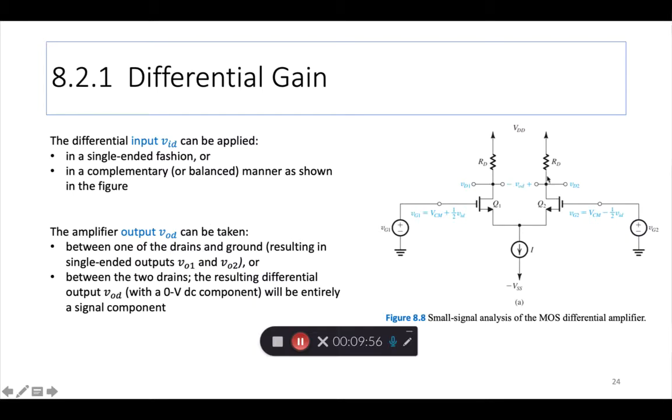If you take it between the two drains, then what you get is called the resulting differential output, VOD. And this will never have a DC component. If you take just here and here, you will have some of this VCM also impacting that, right?